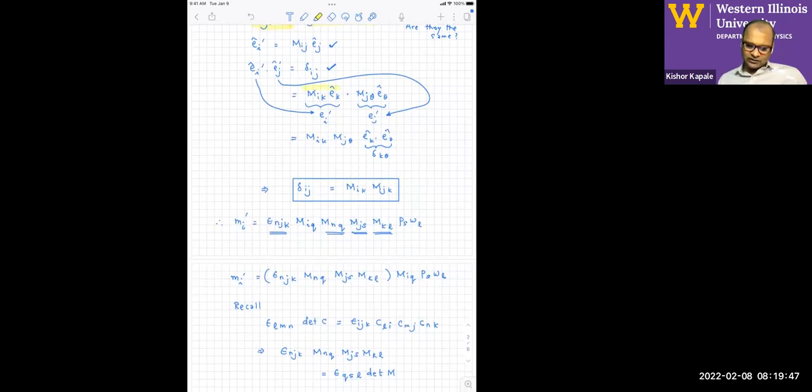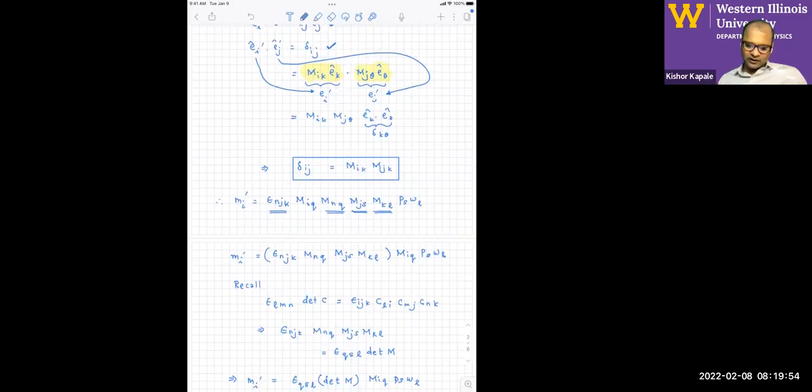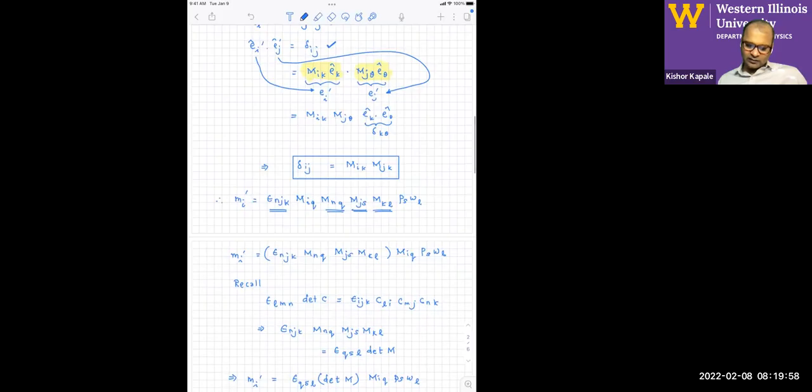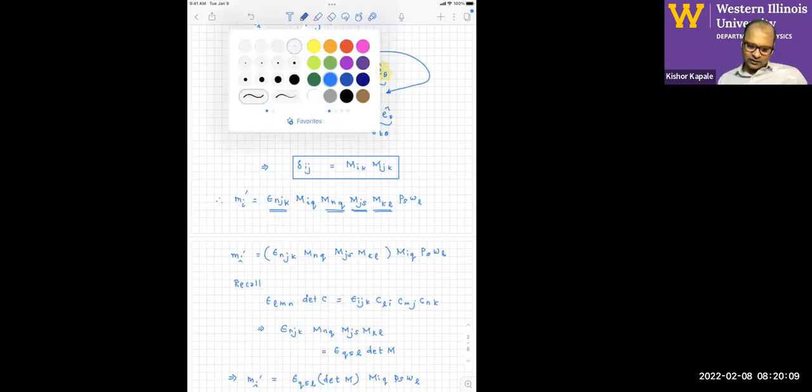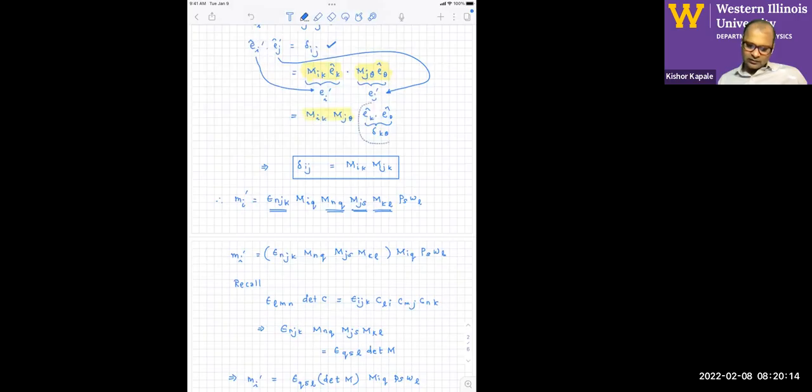And so you now have the dot product between these two terms, which are basically transformed from the original coordinate system. You can then bring the m's together, so the Mik and Mj theta are together. And the rest of this stuff here is going to be the dot product, which is going to look like a delta function, delta k theta.